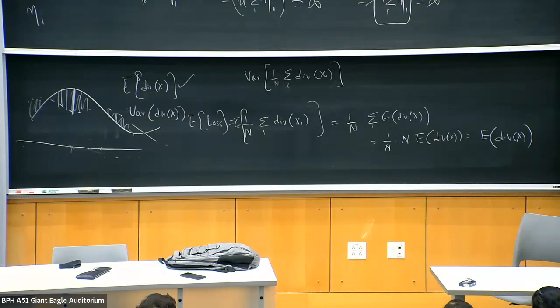Someone has to answer that. Pardon me? The sum of the expectations. I'm speaking of the variance. What is the variance of the sum of independent random variables? Sum of the variances, right? They are independent.